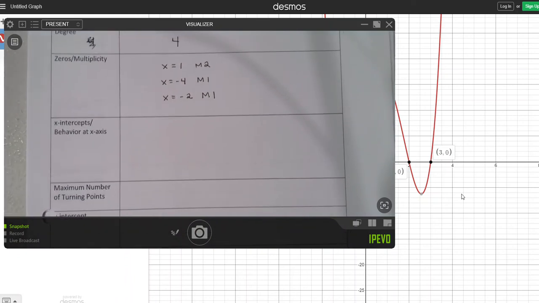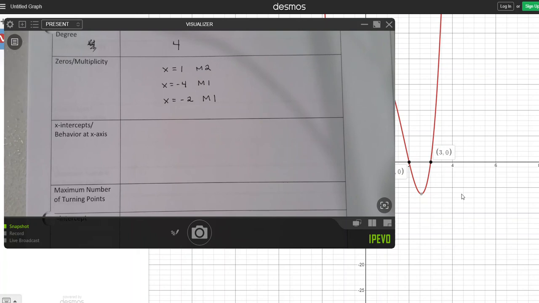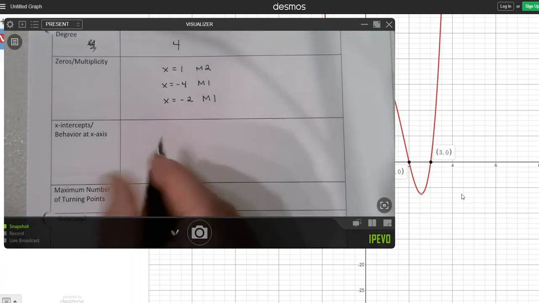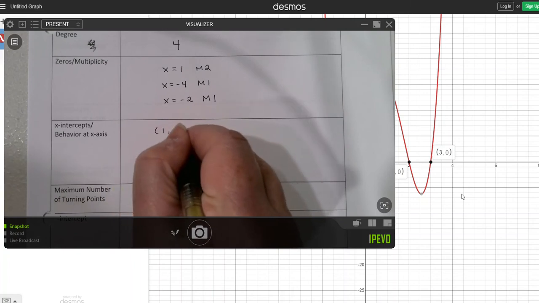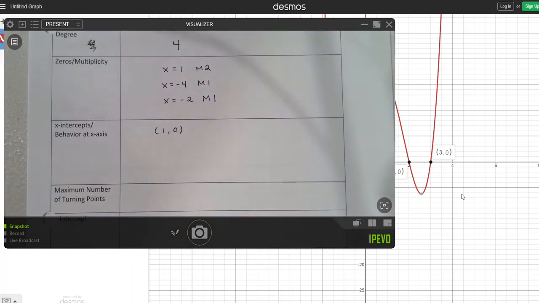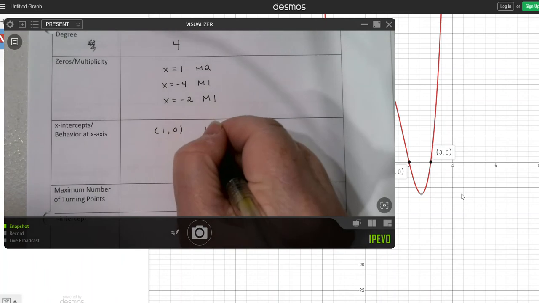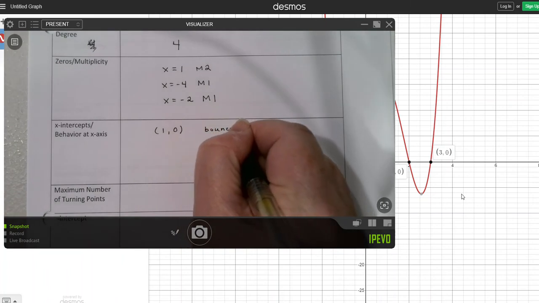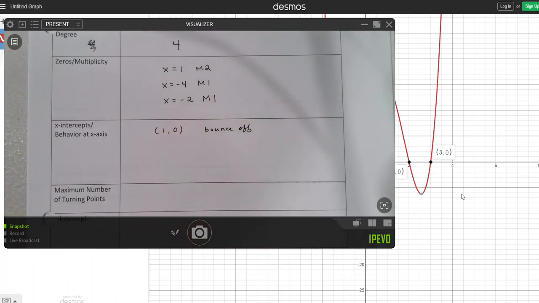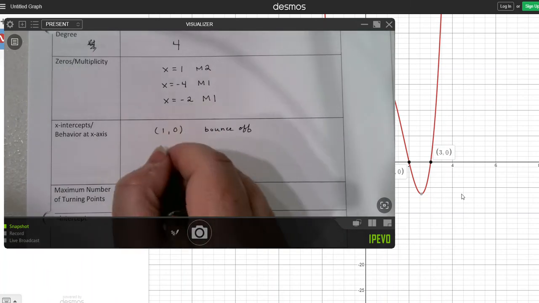All right, the x-intercepts and the behavior at the x-axis. So my first x-intercept here would be (1, 0). And because it's an even multiplicity, this is going to bounce off the x-axis. My next x-intercept would be (-4, 0).